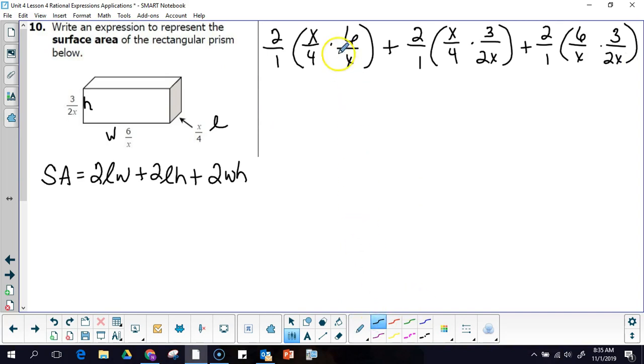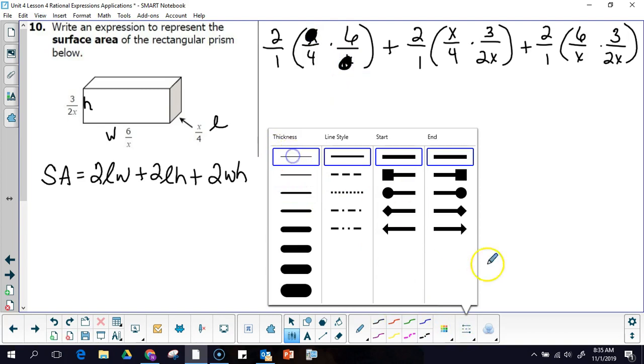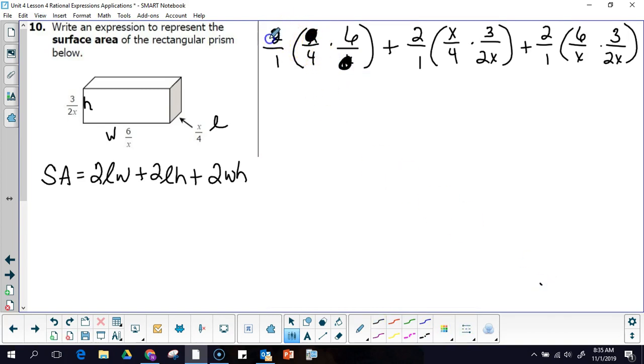Okay, so let's start multiplying. There's a lot of stuff we can cancel out here. So for each of these, you can cancel stuff before you multiply. Let's cancel out an x there. The 2 and the 4, that's going to be a 2. And then I can do the 2 and the 6 also. Okay, so all I have left over here is 3 over 1.